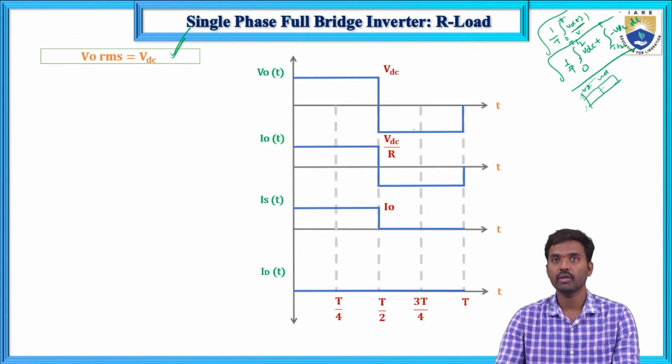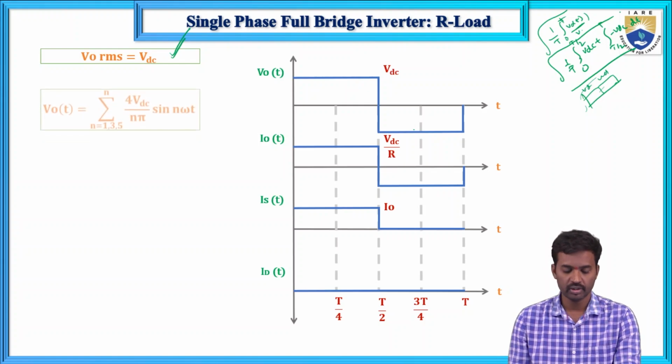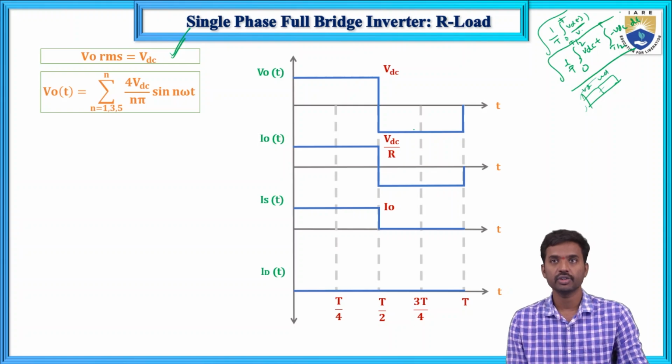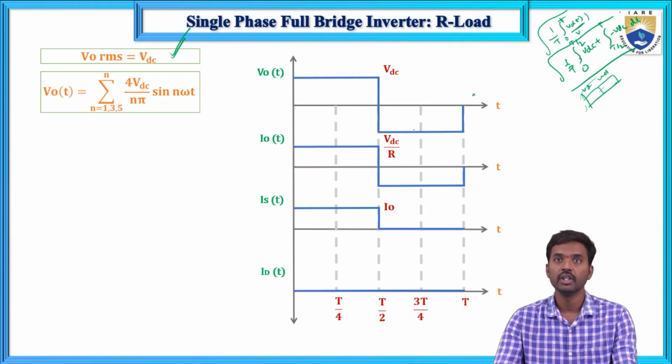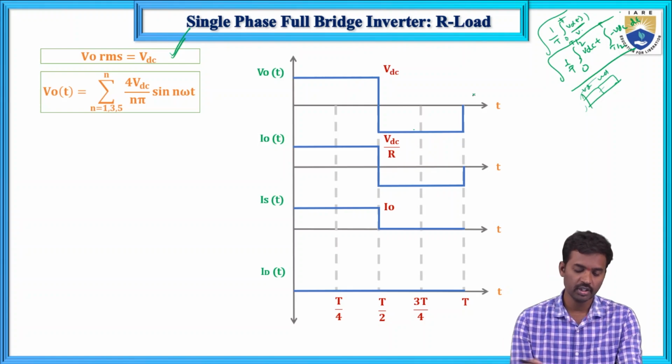And next, what about the fundamental output voltage? For this square waveform output voltage, the Fourier series equation is the sum over n equals 1, 3, 5 of 4 VDC divided by n pi into sine n omega t.